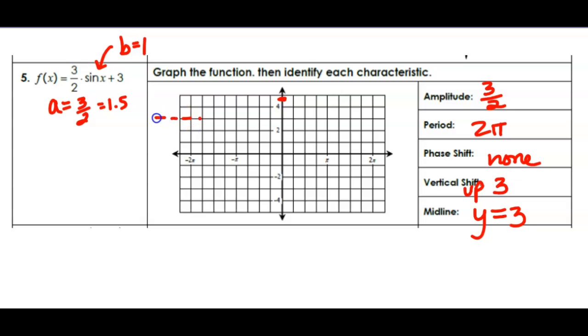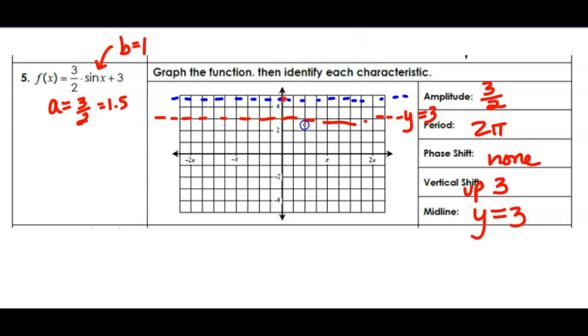So the midline is up here at y equals 3, and I always draw that as a dotted line. And then what I usually do is I take my amplitude, I go up 1.5, which would be 4.5, and now I draw myself a little boundary. That's where it's going to max out at 4.5.